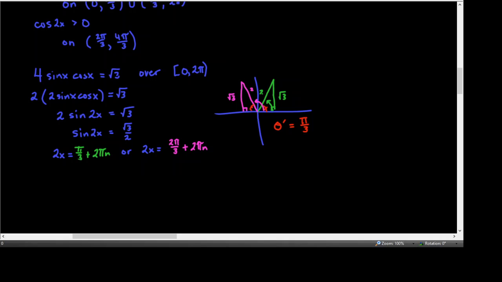And then to solve for x, finally, we're going to divide everything by 2. So that's going to become pi over 6 plus pi n. And solving the second equation for x is going to give me pi over 3 when I divide by 2, plus pi n.